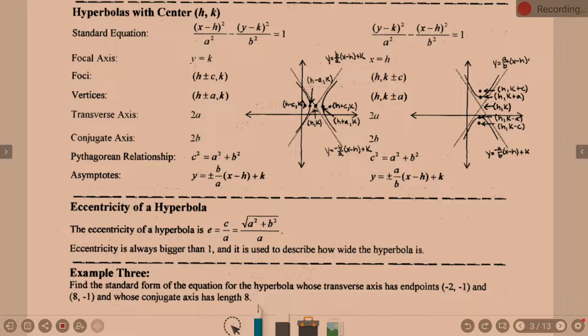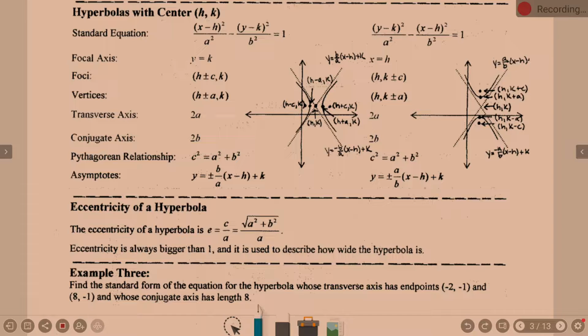So, okay, hyperbolas. These are centered at (h, k). I'm guessing the equations are probably what you would expect. Basically, instead of x squared and y squared, it's (x minus h) squared, (y minus k) squared. Left column is still x is the positive variable. Right column is still y is the positive.